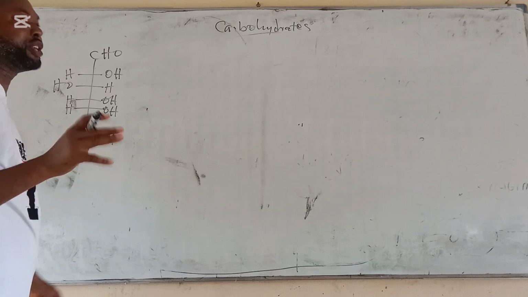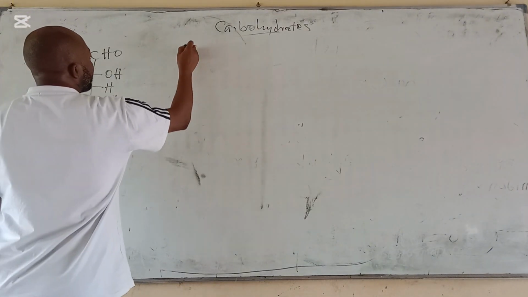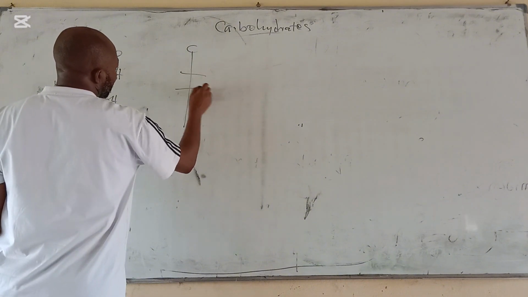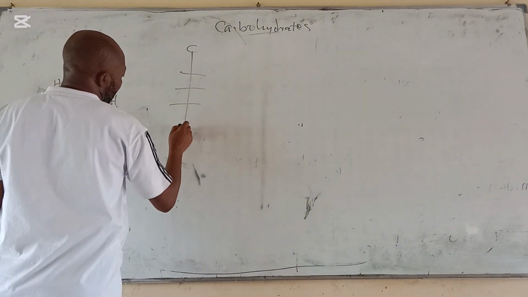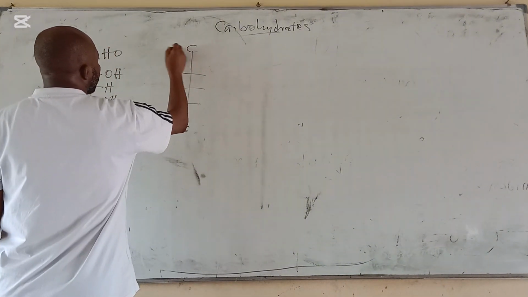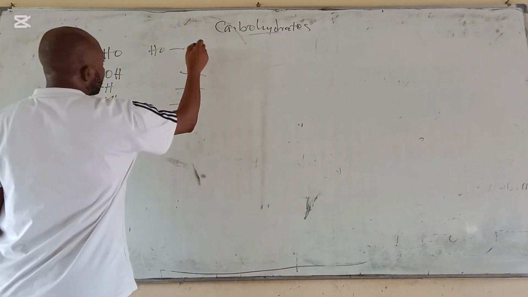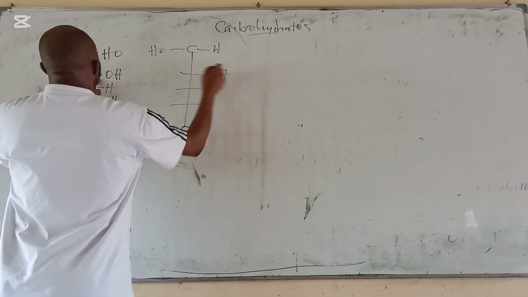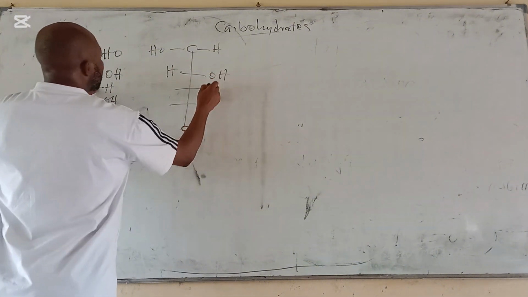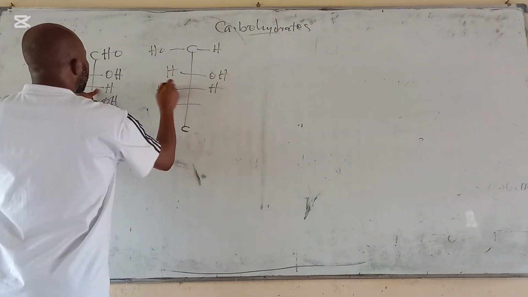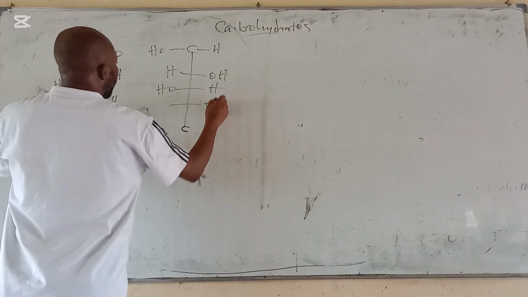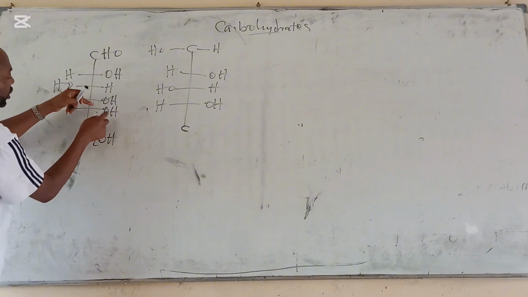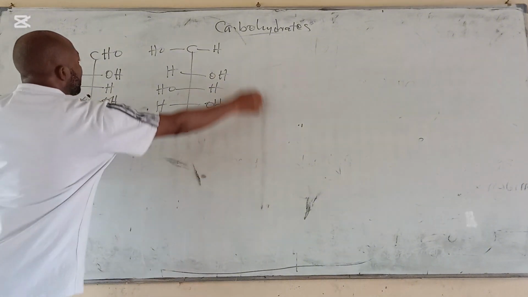Now, if I want to have a beta structure, this will be this. 1, 2, 3, and this is my 4. So the first one, my OH will be here because I'm dealing with beta, and this will be hydrogen. And this one, OH is here, and hydrogen is here. This one, hydrogen is here, OH is here. The next one, OH is here, hydrogen is here. This one has gone. Remember, this is the one that will go to form the ring.